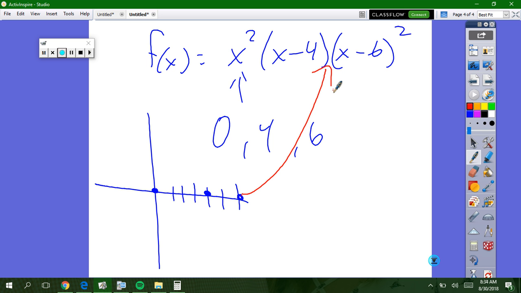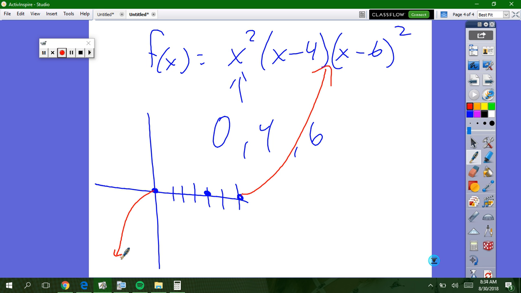Over here, what does it have to do? It has to go down. How do I know it's not crossing over or touching over here? If there's no other zero, I know it has to first cross here, or bounce, I don't know yet, and cross or bounce here at the end, correct? Does that make sense?